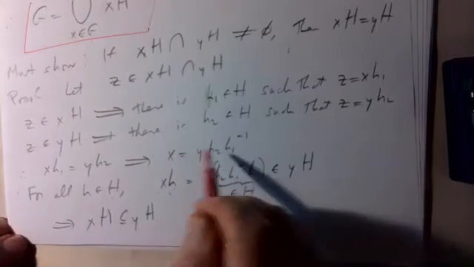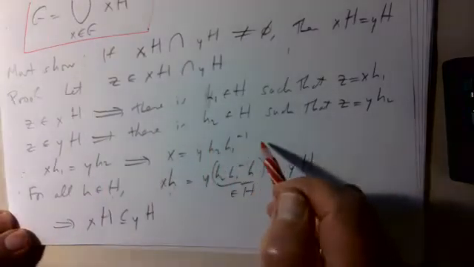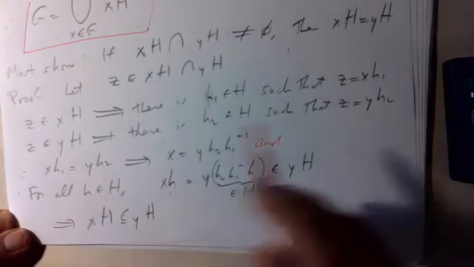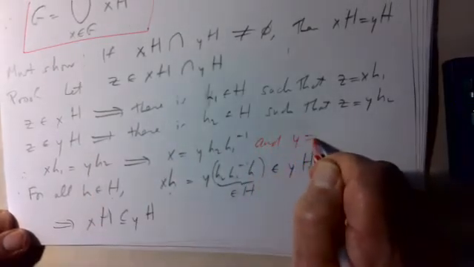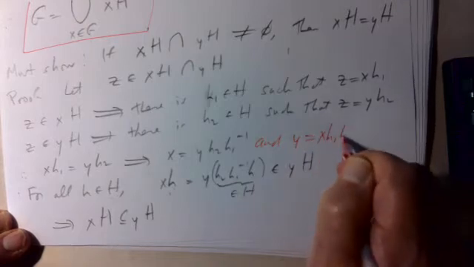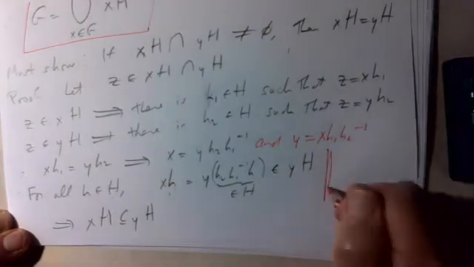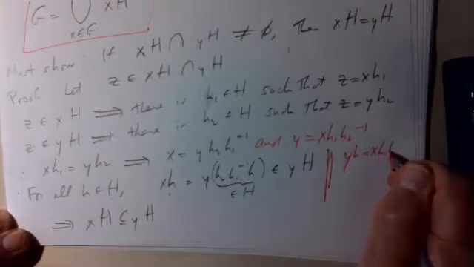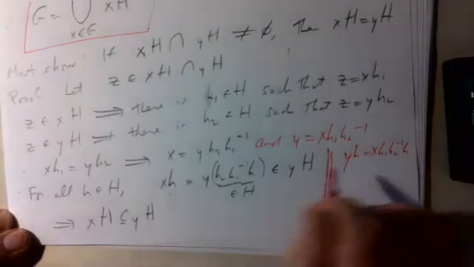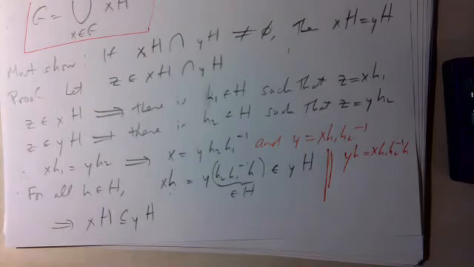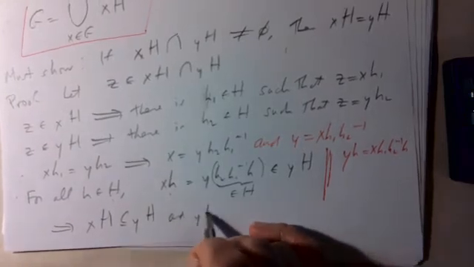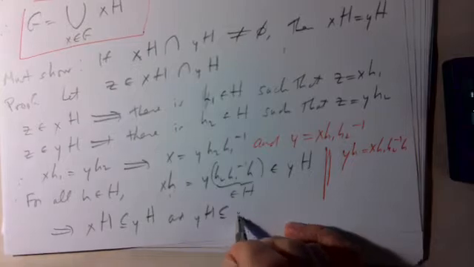Now, when I did this multiplication, I could also have multiplied on the right by H2 inverse, and I would have gotten Y equal to XH1H2 inverse. So for any H, YH would be XH1H2 inverse H, and this is a completely symmetrical argument, that the left coset YH is contained in the left coset XH.